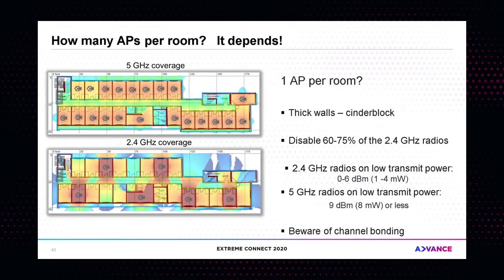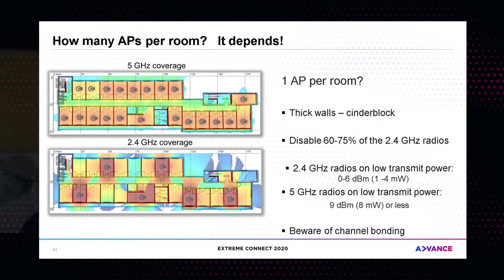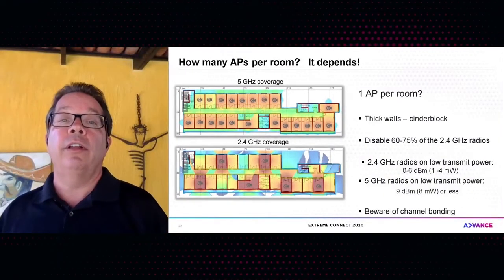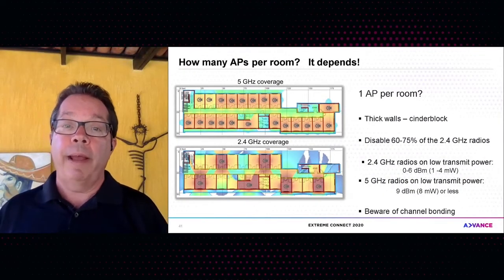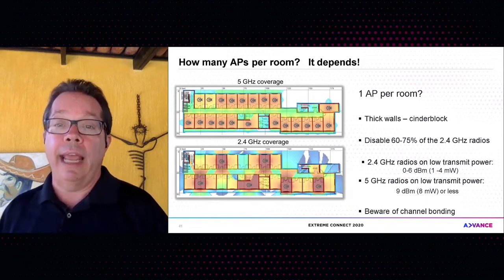So for capacity purposes alone, and due to Apple and Google one-to-one initiatives, 1 AP per classroom is very, very common. Now, I'm not saying you have to do this. Maybe 1 AP for every 2 classrooms is fine, depending on your capacity needs. But if you are doing it, it can be done.